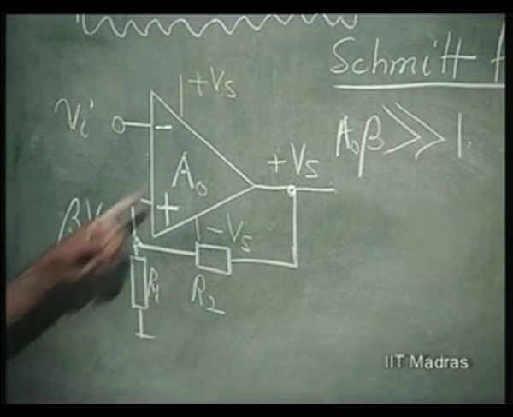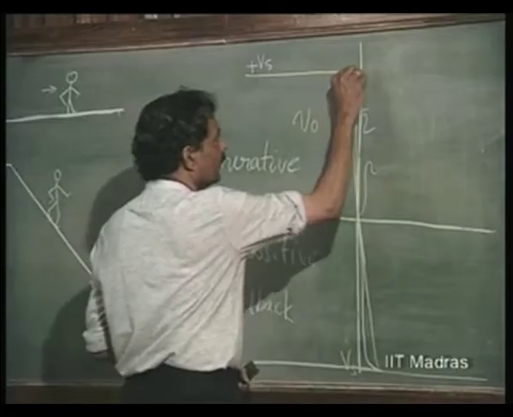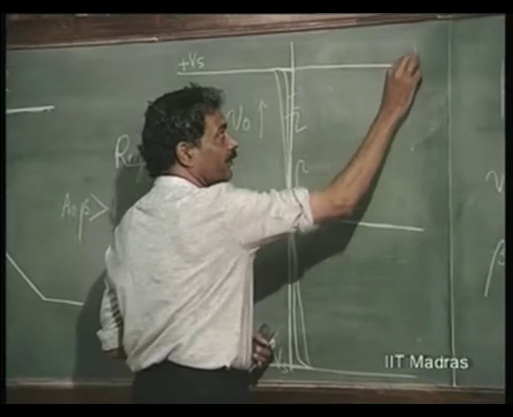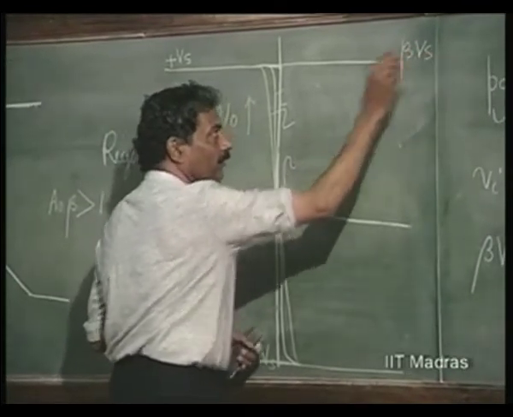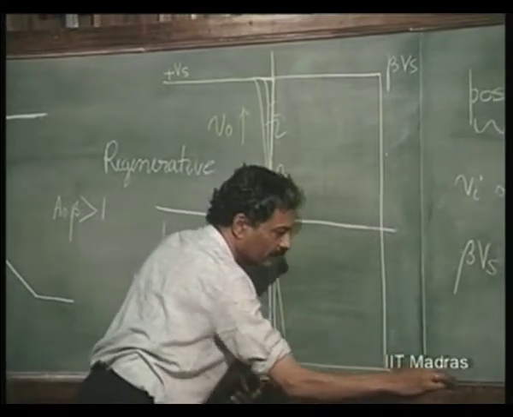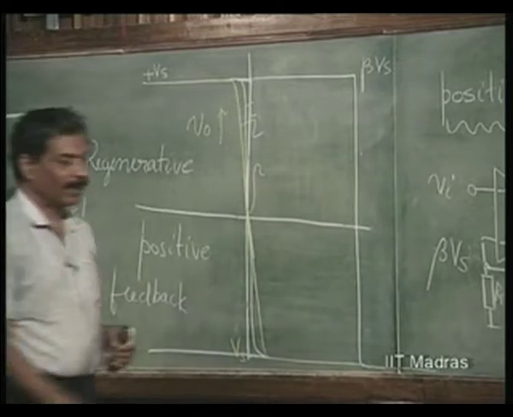Until that time, the output will be at plus Vs. So this is going into regenerative feedback mode, and thereafter it will go to what? The least amount of disturbance will take it from plus Vs to minus Vs.